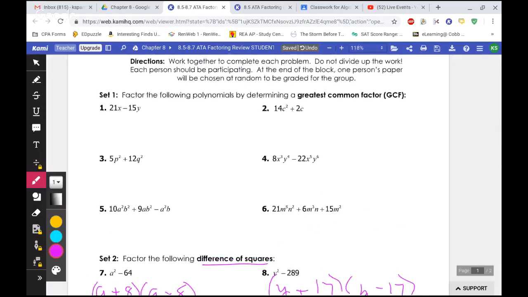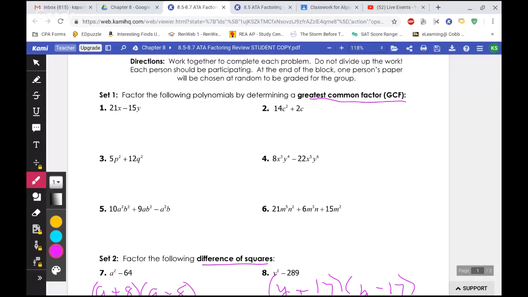All right, factoring the polynomials by determining a greatest common factor. So with number 6, you want to look for not only numbers that will go into each one, but you want to look for letters that are in common. And if there's a variable that's in common with each individual term, then you will look for the smallest exponent of that letter.